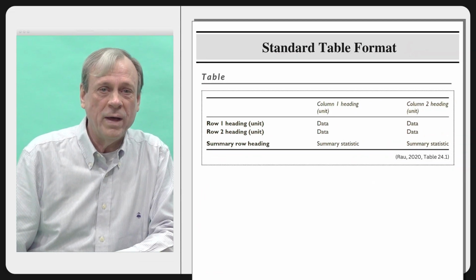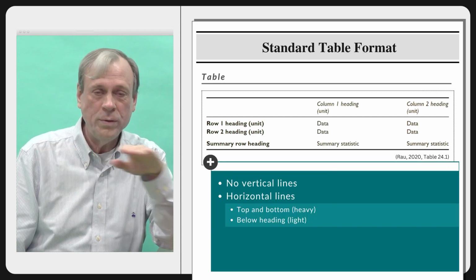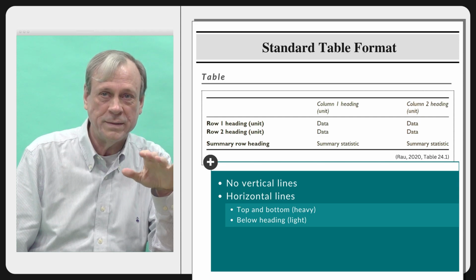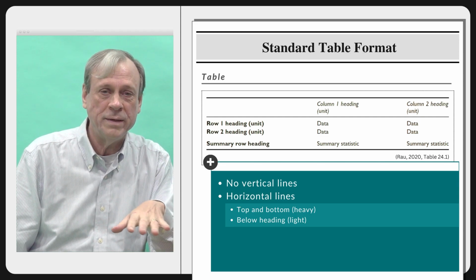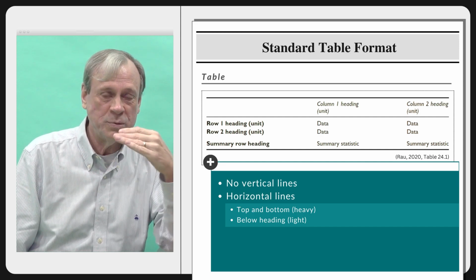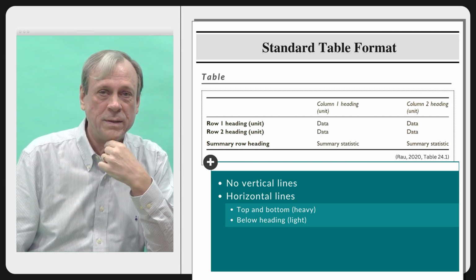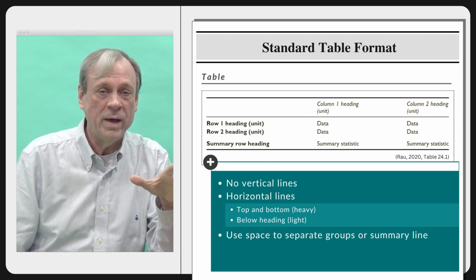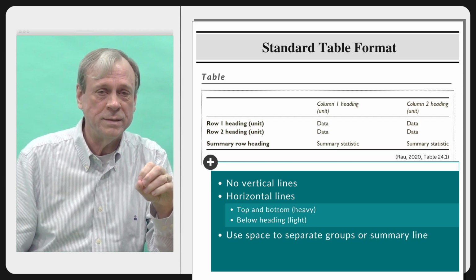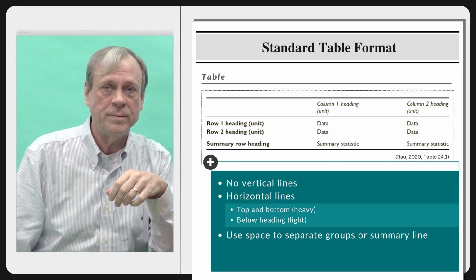So the standard format is no vertical lines. You have a bold horizontal line at the top, a bold horizontal line at the bottom, and then usually a line between the heading for the columns and the columns themselves. Most of the other formatting should be done using spacing rather than lines, just to make the image less cluttered.